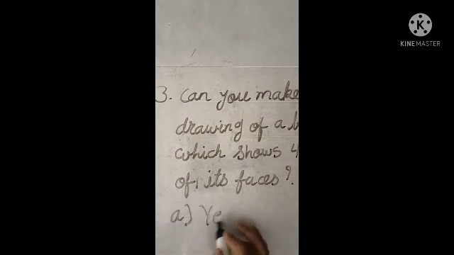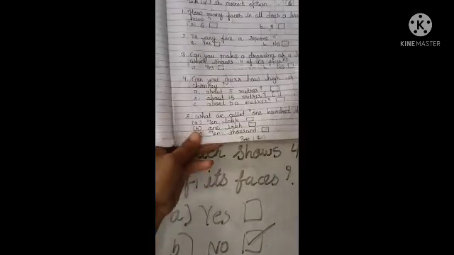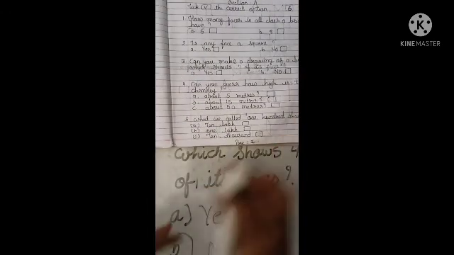Options are yes and the second option is no. Can you make a drawing of a brick which shows 4 of its faces? So can you draw a brick in which 4 of its faces are visible? So the right answer is no. We cannot draw a brick which shows 4 of its faces. So the option is no.